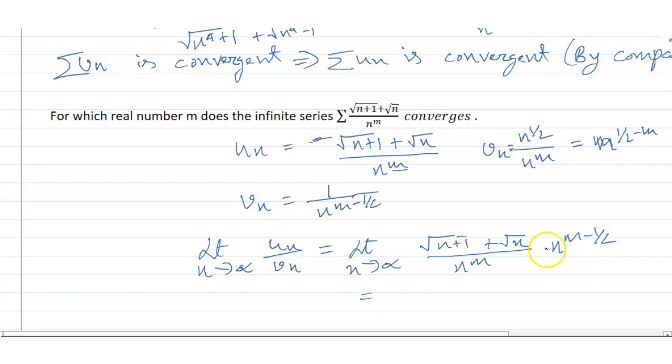So n to the power m is cut, and I can get limit n tends to infinity 1 root over 1 plus 1 by n plus 1 equals 2. So it is finite.